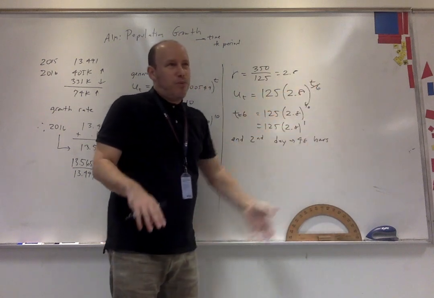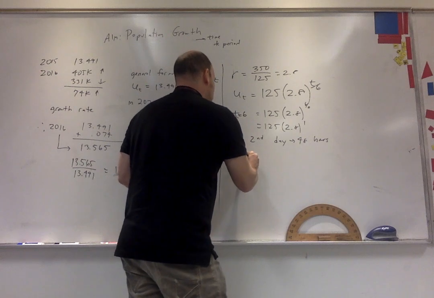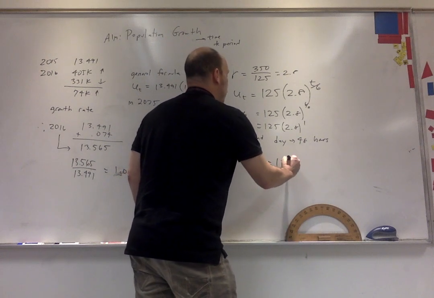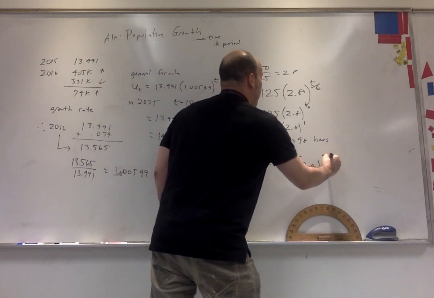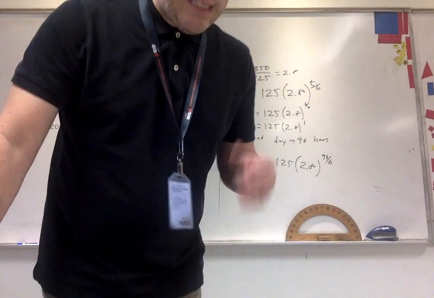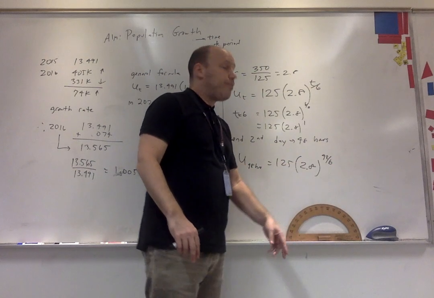Or, let's use that word. So you say, okay, so after 48 hours, it's 125 times 2.8 to the 48 divided by 6. And that's the idea of putting this number down here. That's the idea of that.